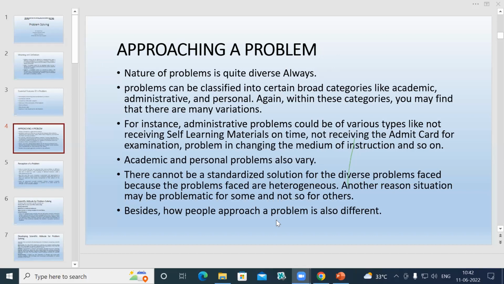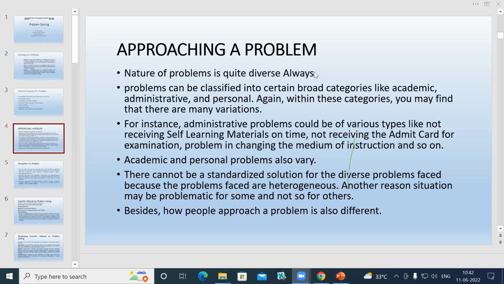So academic and personal problems also vary. There cannot be a standardized solution for the diverse problems faced, because the problems are heterogeneous. They are not homogeneous. They do not have a similar nature. They have different natures. Another reason is that a situation may be problematic for some, but not for others.